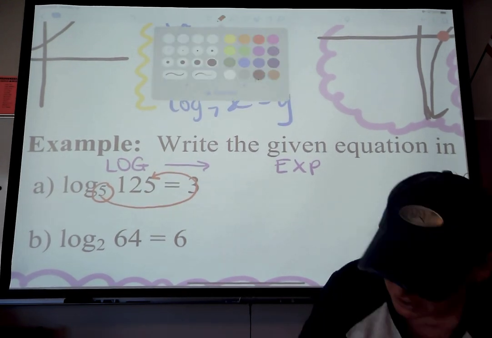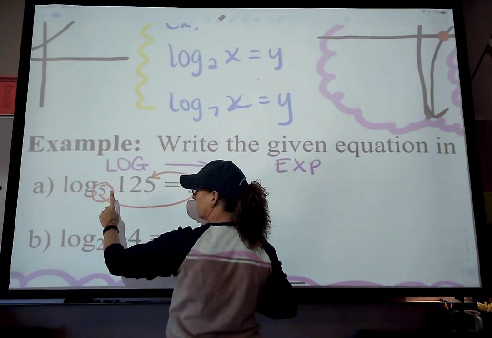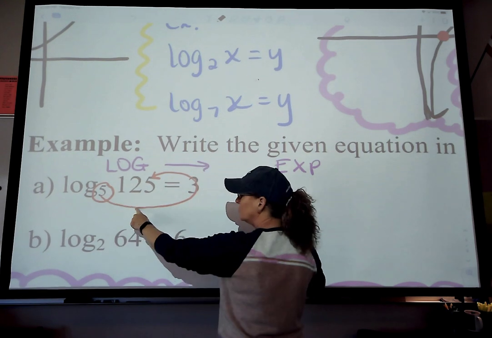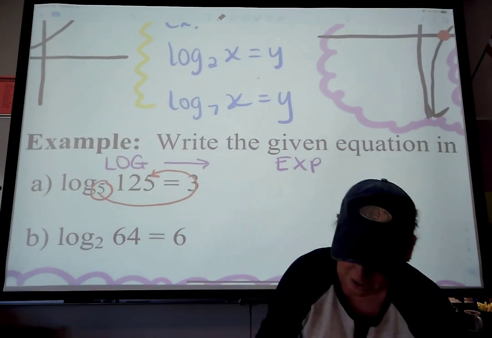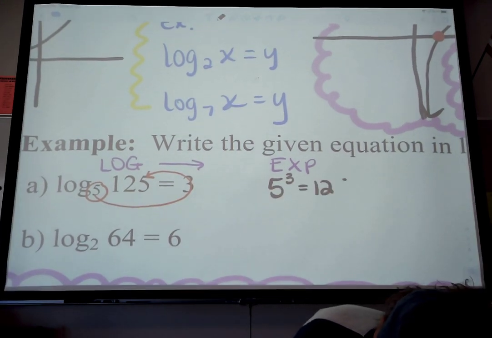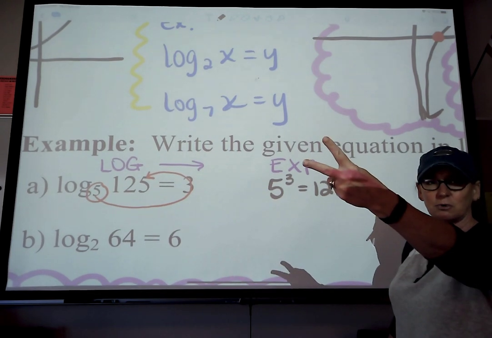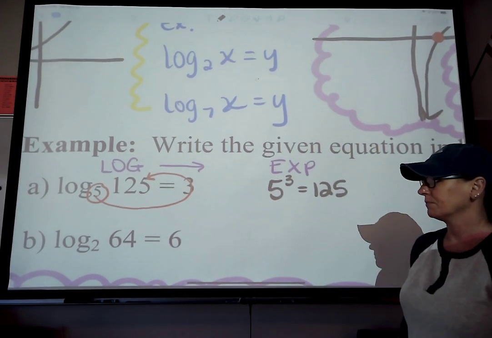So I'm going to write an exponential function. I'm not going to write log anymore. I'm going to go base 5 to the power of 3 equals 125. 5 to the power of 3 equals 125. True statement. 5 times 5 is 25, times another 5 is 125.